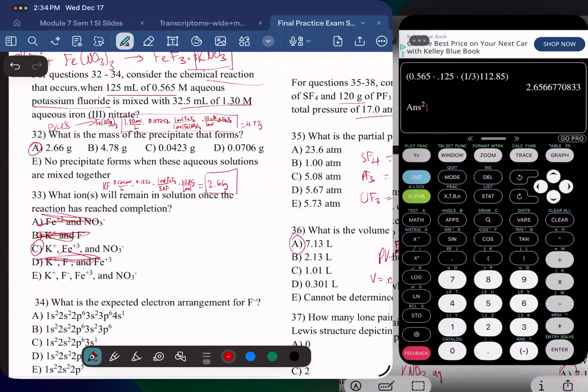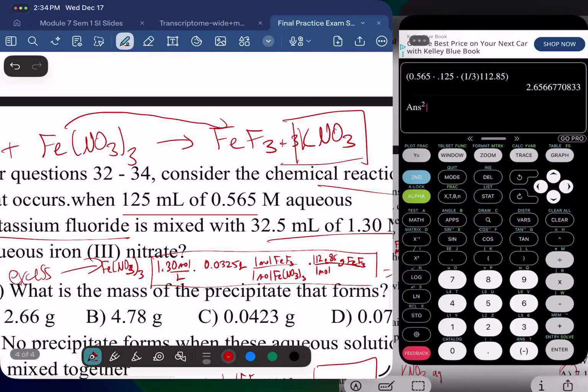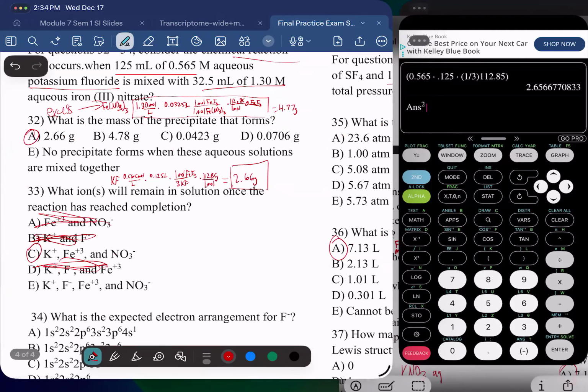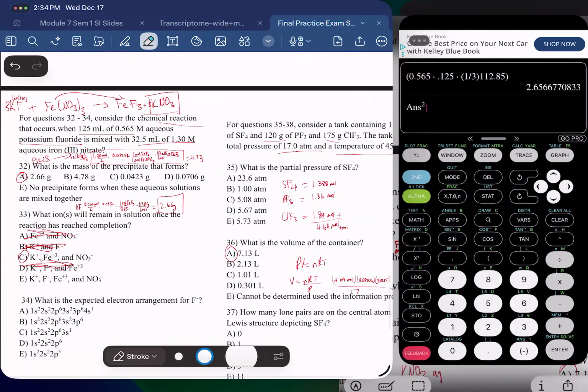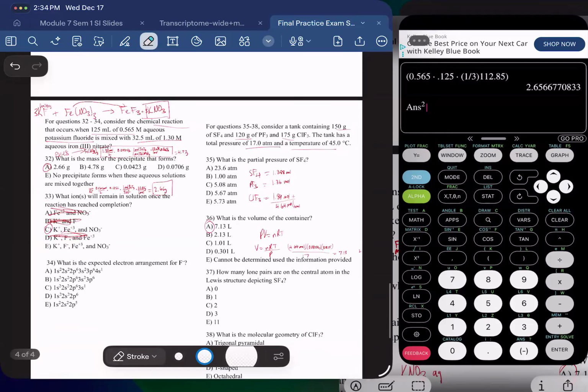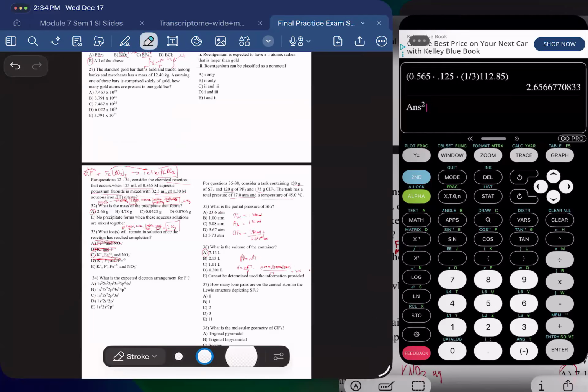There's not going to be any KF because all the fluoride ions were reacted to form the iron 3 fluoride. Okay, does that make sense for you guys? Yeah, you guys good with that? Okay, any other questions?